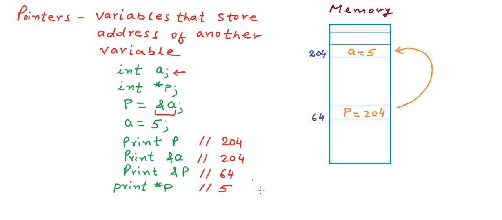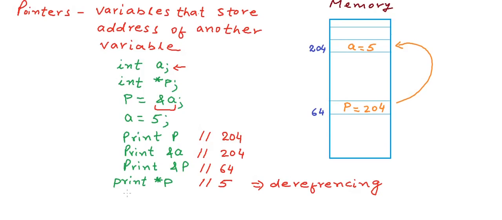This concept is called dereferencing because we have a reference, or we have stored an address in p and we kind of get the value at this particular address using this operator. In fact, we can modify the value at this particular location by saying something like star p is now 8.